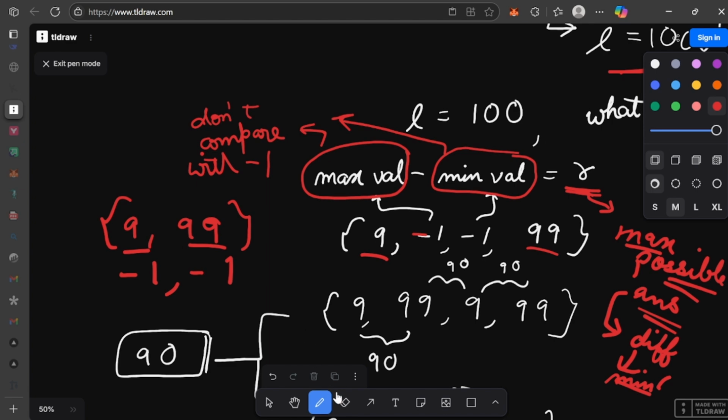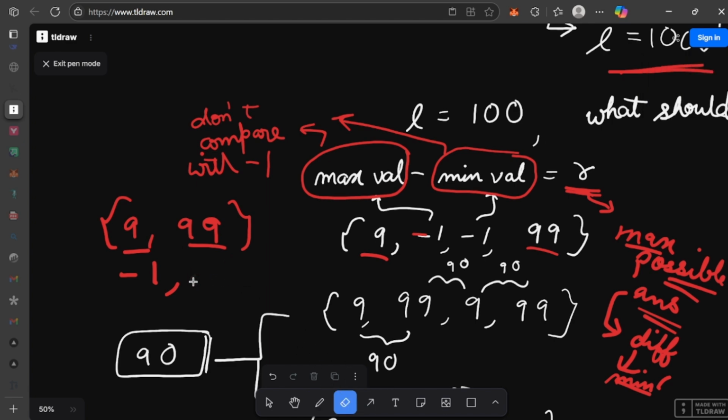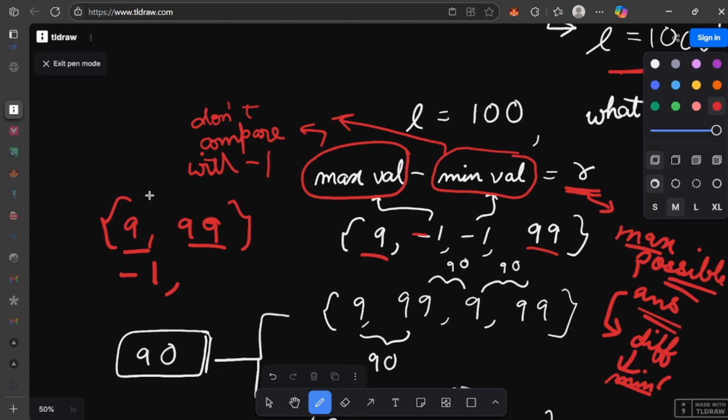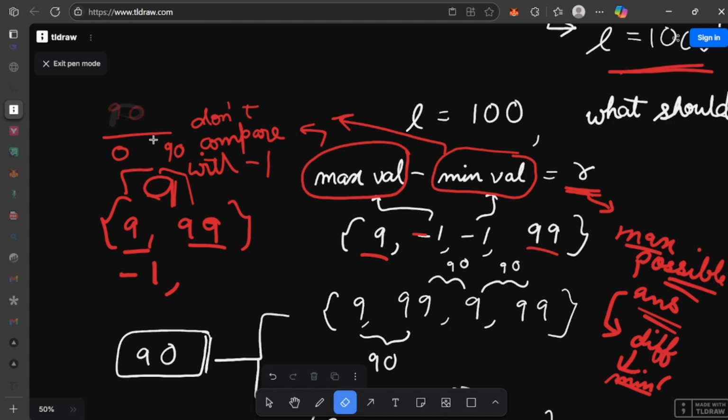Suppose only one negative value was there in between here, and here I substituted 9. So here it would be 0 max difference. Here it would be 90 again. So minimum of max would again give us 90. So your answer range would always lie here. It's logical.